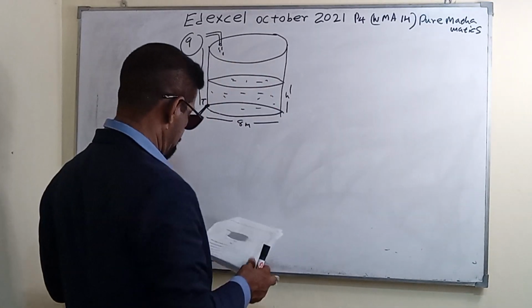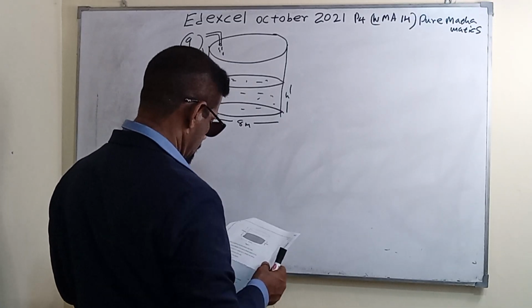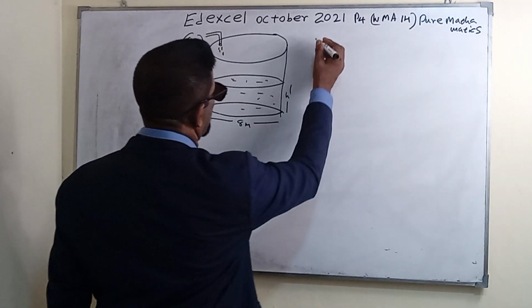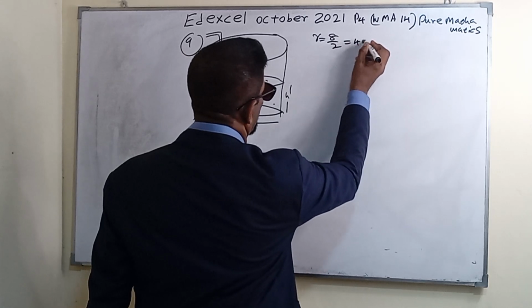The figure shows a cylindrical tank. The diameter of the tank is 8 meters, so the radius is 8 divided by 2, which is 4 meters.